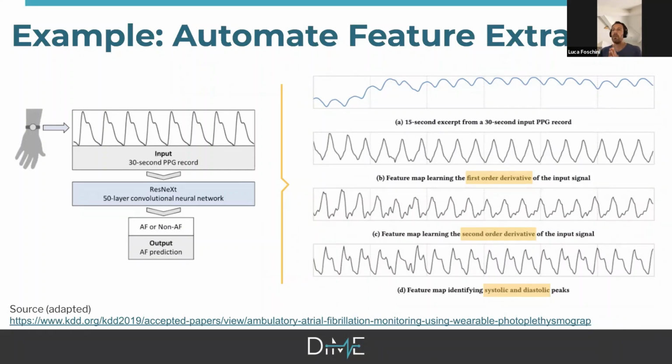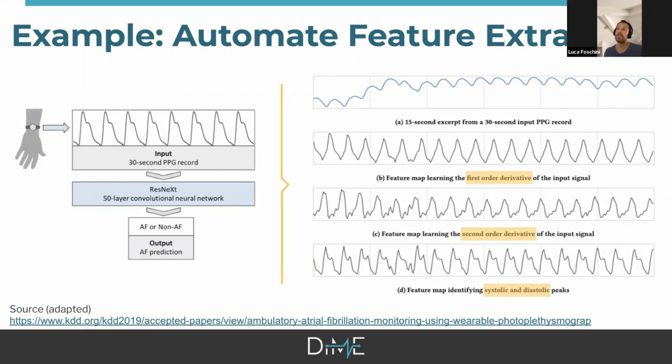The accuracy at which this learning is done is one of the main points of the paper, but it's not really the main point that I want to make here. I find it much more interesting to look at what the authors take out as what the algorithm has learned. And this is the right-hand side of the picture. You see that the PPG signal at the top, that little wiggly curve in blue, is the input to the algorithm.